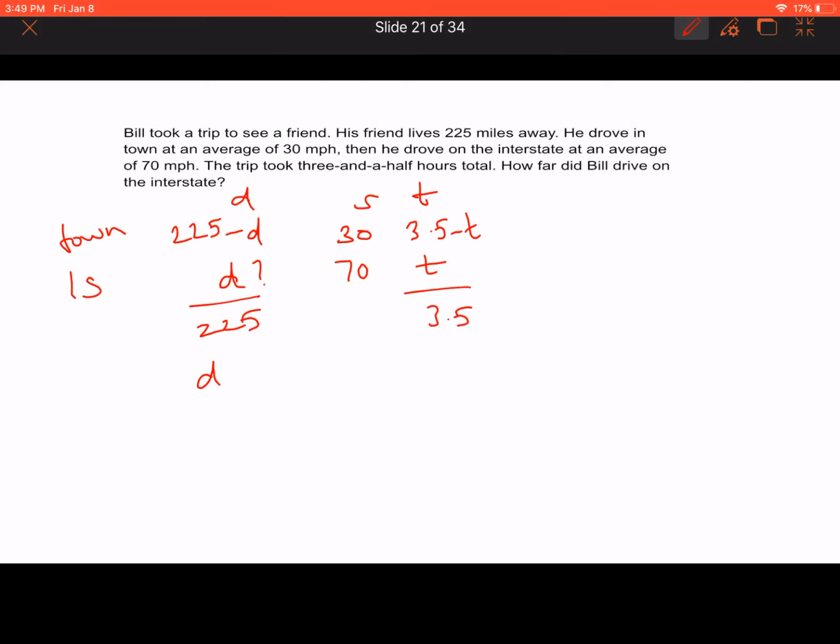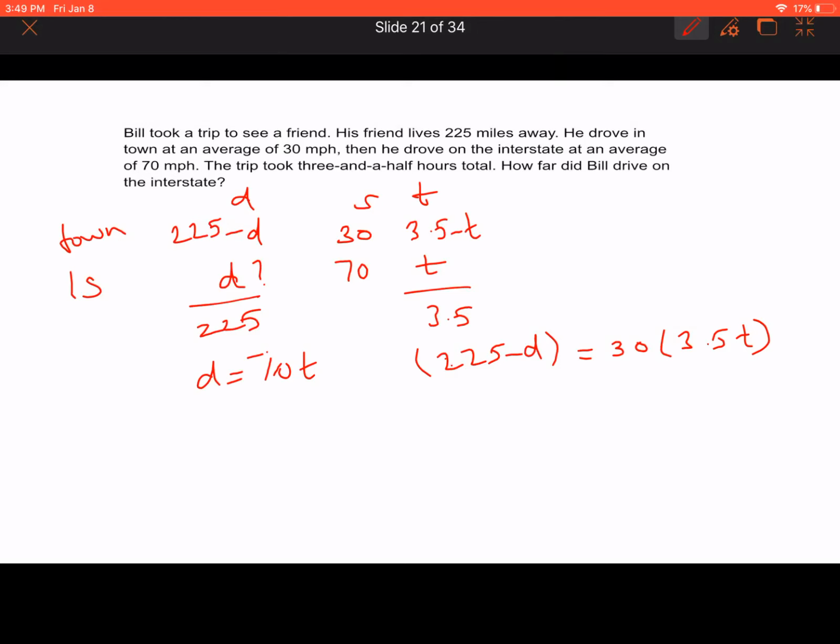Okay, we will write the expressions. D is equal to 70T. Another expression we are going to write is 225 minus D, which is equal to 30 times (3.5 minus T).